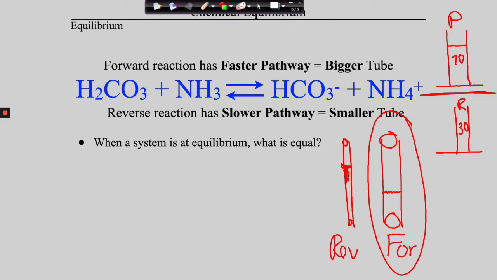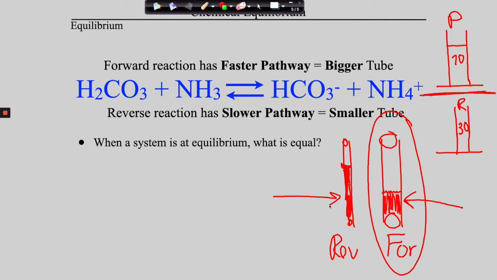So we had this amount of water moving backwards, we had this amount of water moving forwards, and we found out that those were equal. So a small concentration moving through a faster pathway was equal to a larger concentration moving through a slower pathway, and those two were equal.